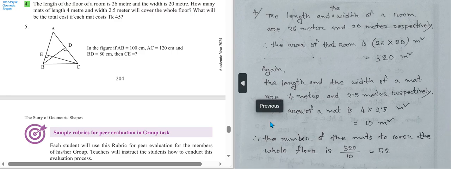So the area of a mat is 4 into 2.5 equal 10 square meter. So the number of the mats to cover the whole floor is 520 divided by 10 equal 52. So 52 is the total number of the mats.